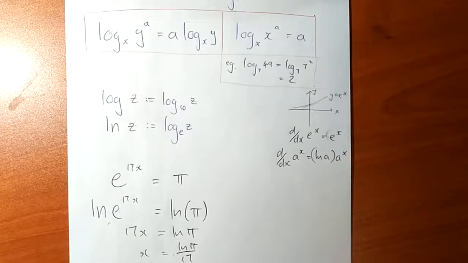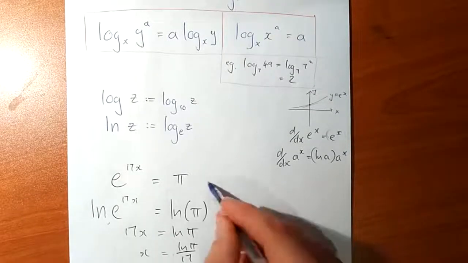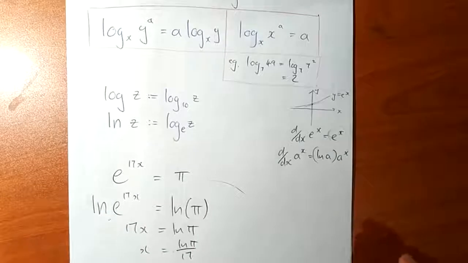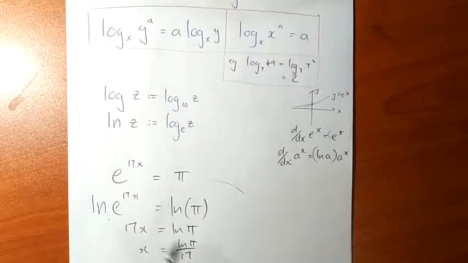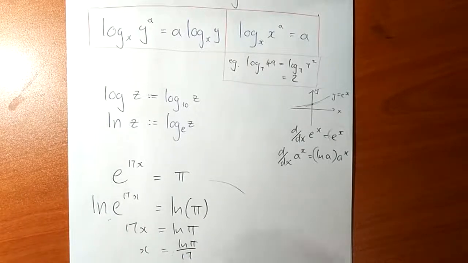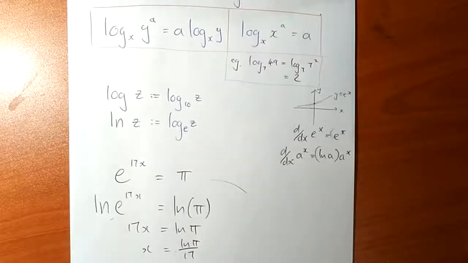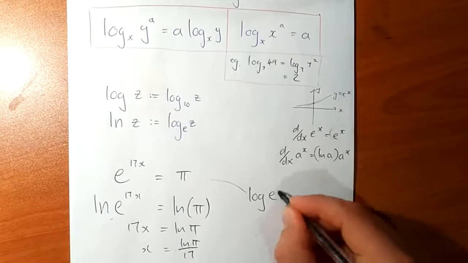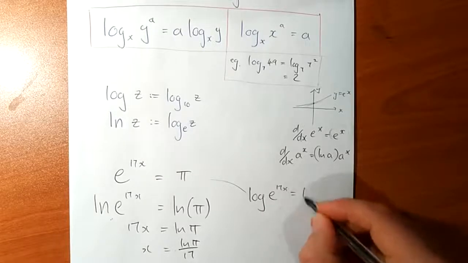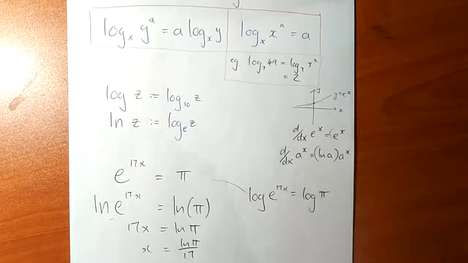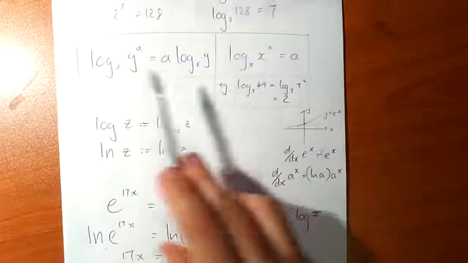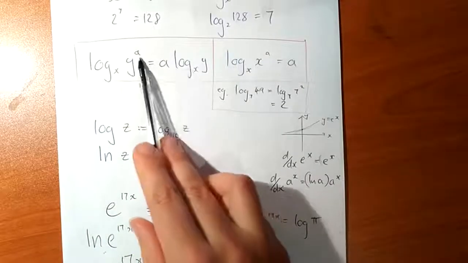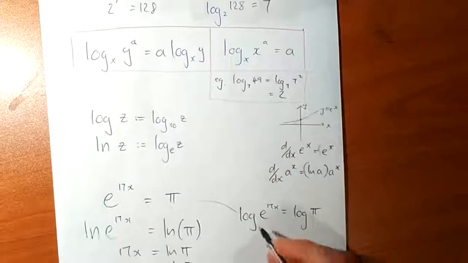You don't have to use ln if you don't want to. I mean, if you really want to, you could just take a normal logarithm. Let's just use the normal base 10 one. That one will also work. And you can say log of e to the 17x is equal to log of pi. And then you would again use this property, and the power 17x would come out.